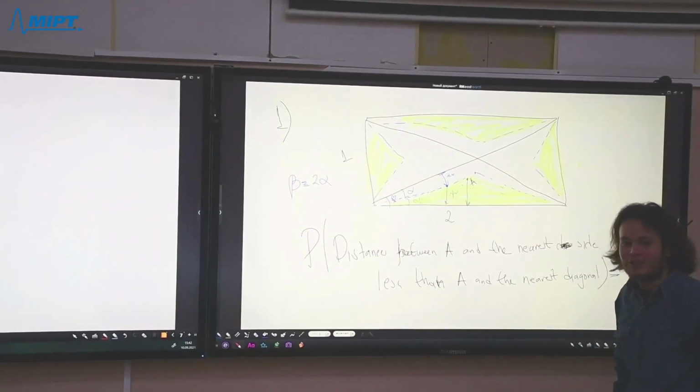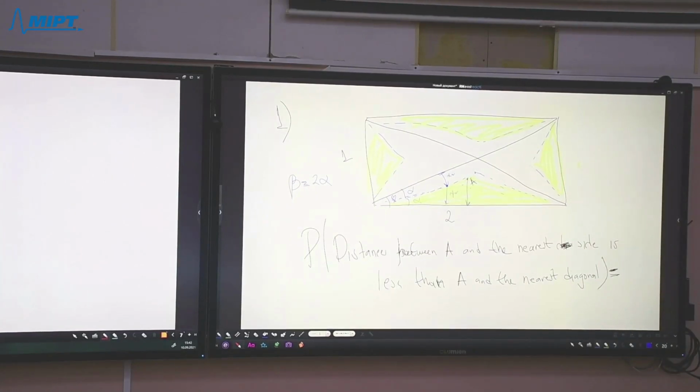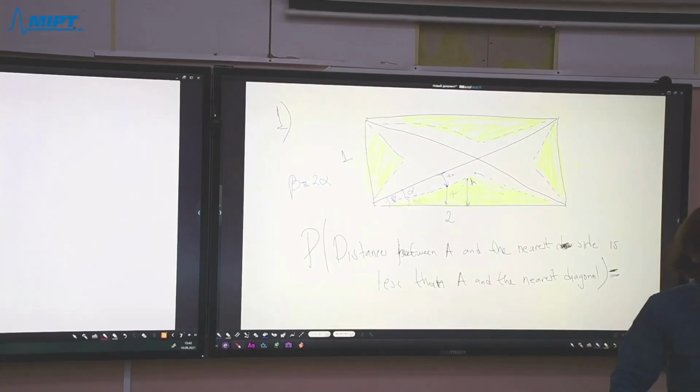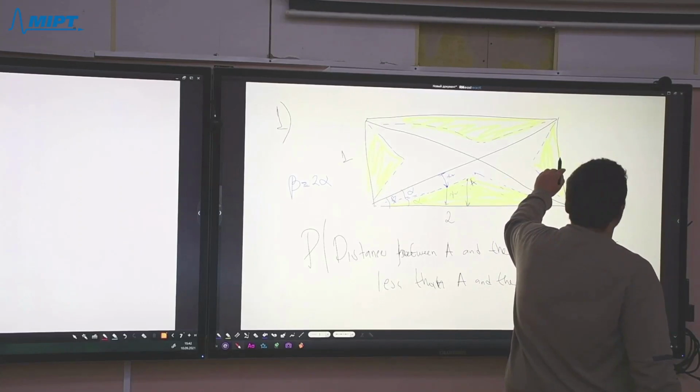All right. So yeah, I had the same idea, but I found the area differently. Obviously, if this line, if we continue it, is going to come to here.